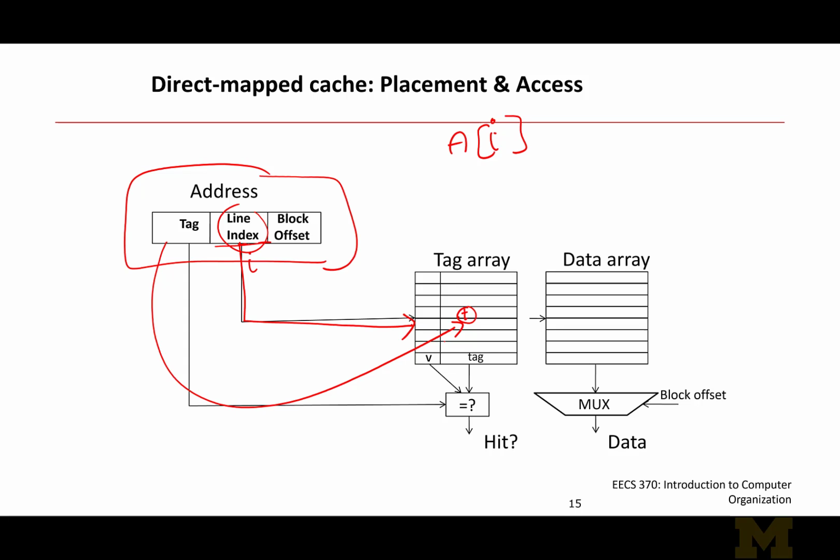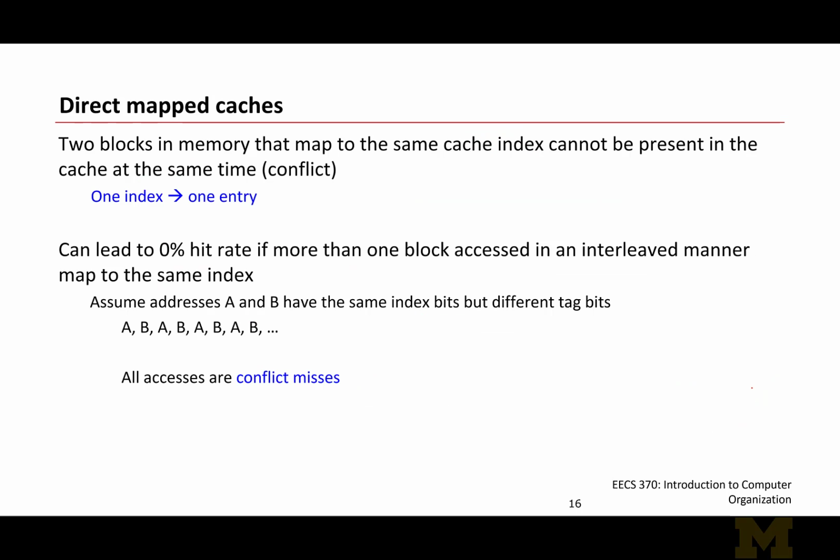And so if the tags match, then I know that it's a cache hit, and then I can go and retrieve the data that is stored in my data array, and then provide the block offset to select one of the bytes in the cache block, because that's what I'm ultimately interested in for a given address. So one of the properties of the direct map cache is that for a given index there is exactly one cache line where it can be stored.